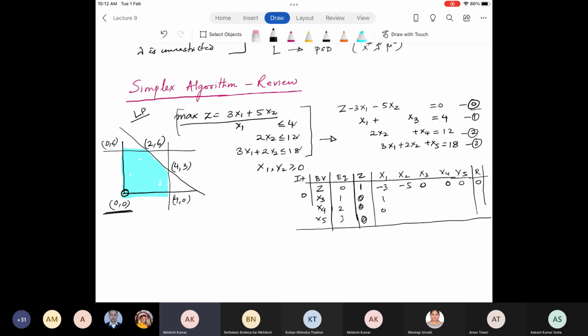Here 1, 0, 3, 0, 2, 3, 1, 0, 0, 0, 1, 0, 0, 0, 1, and 4, 12, and 18. So it is already in proper Gaussian elimination form, if you can see here. So we can say x3, x4, x5 equal 4, 12, and 18 respectively, and g equals 0.